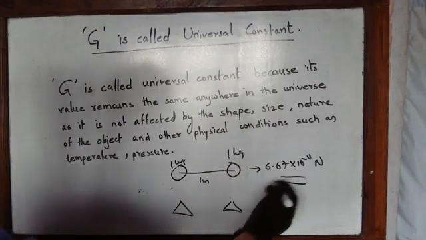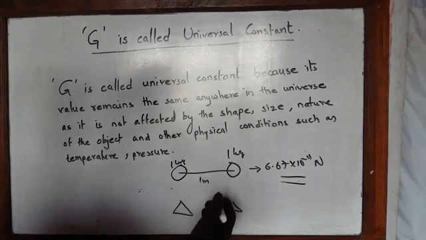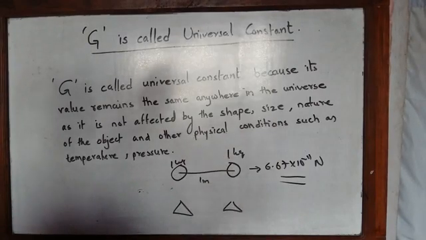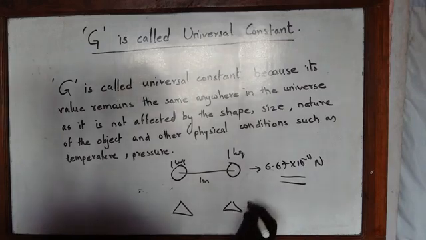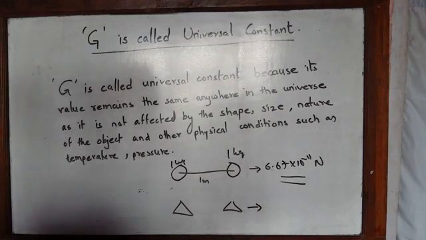If you carry out this experiment on the Earth's surface, or on the Moon's surface, or on the surface of Mars, anywhere in the universe, the value will come out to be 6.67 times 10 to the power minus 11 Newton, as it is said by the great scientist. So that is why it is called the universal constant.